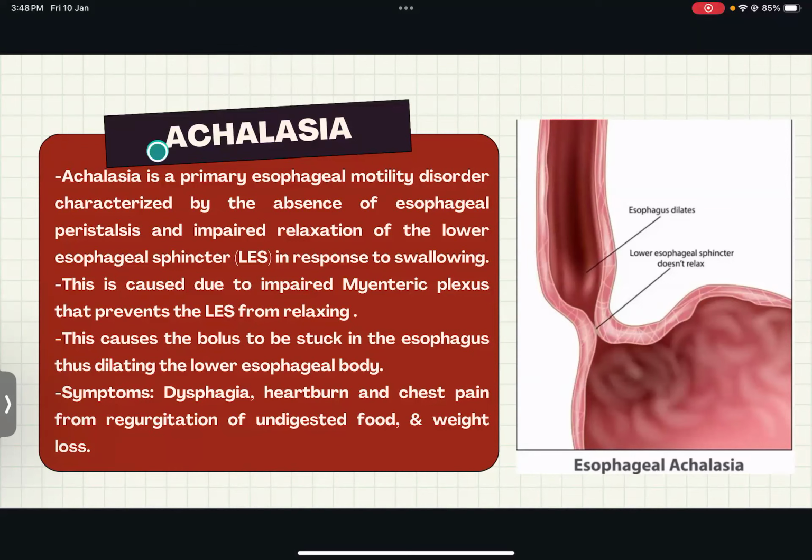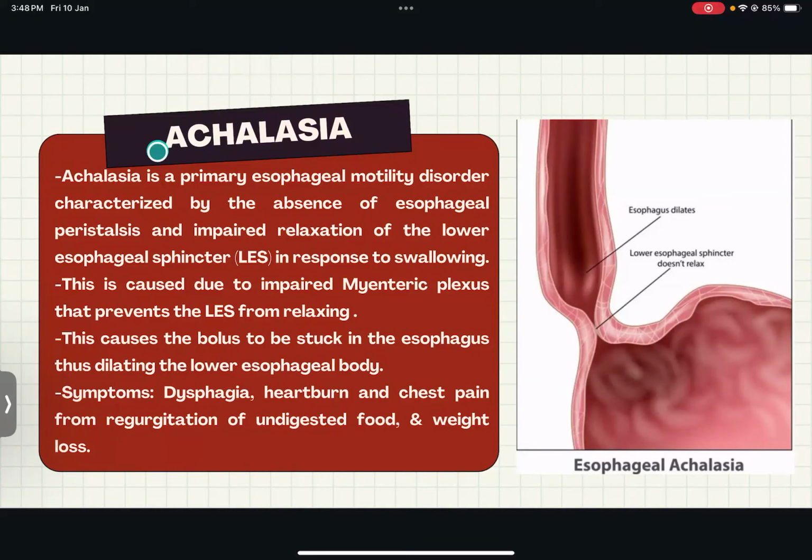A 45-year-old man comes to the clinic complaining of burning chest pain that has been progressively worsening over the past 6 months. The pain is most noticeable after meals and when lying down. He reports a sour taste in his mouth and occasional hoarseness in the morning. He has no history of smoking or alcohol use. On physical examination, the abdomen is soft, non-tender, and without organomegaly.